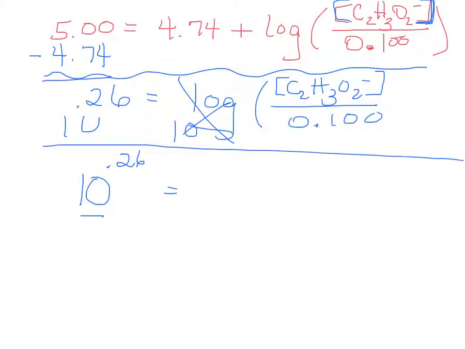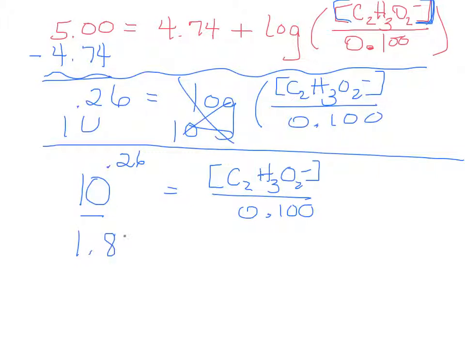So 10 raised to the 0.26 is concentration of, actually it's not going to be concentration, it's going to be moles, divided by 0.100. So let me go ahead and see what 10 raised to the 0.26 is. No, that's not right. And that is 1.82.